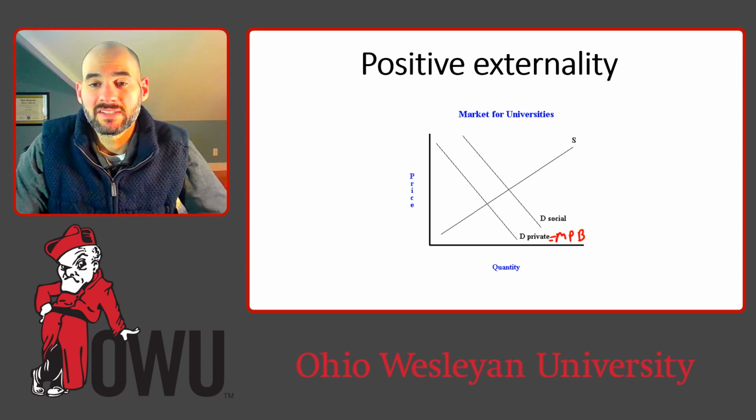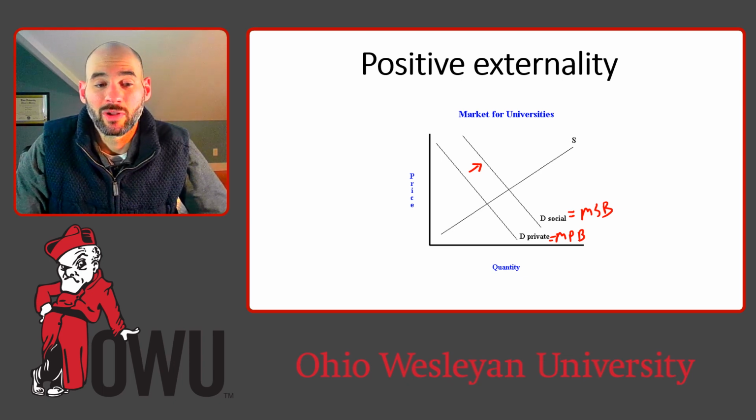When we're accounting for the positive externality, we're going to have a marginal social benefit as representing a separate demand curve, which is up and to the right from the original demand curve.